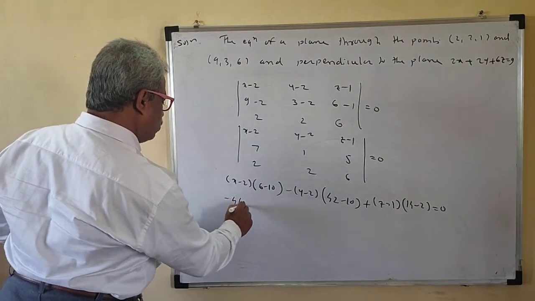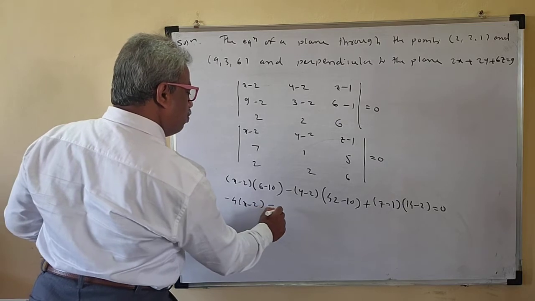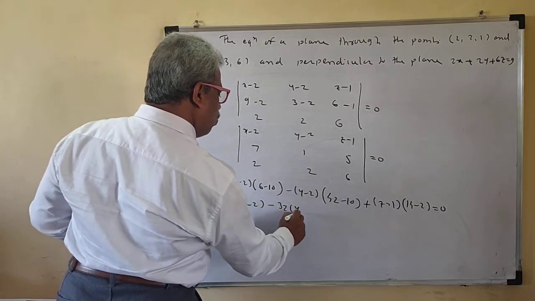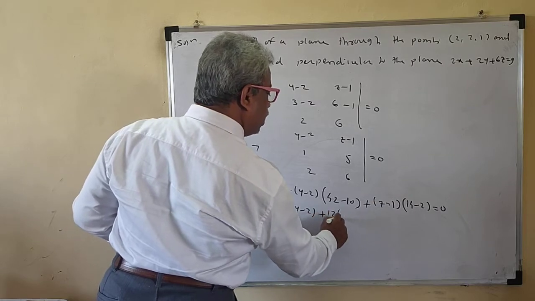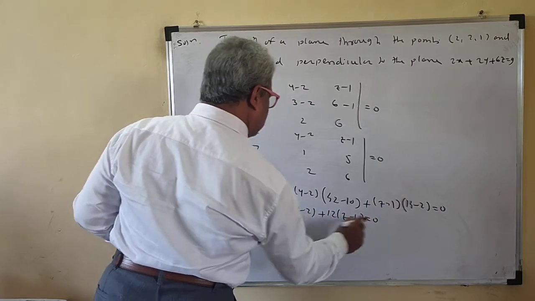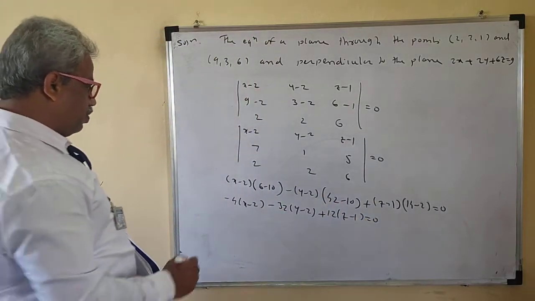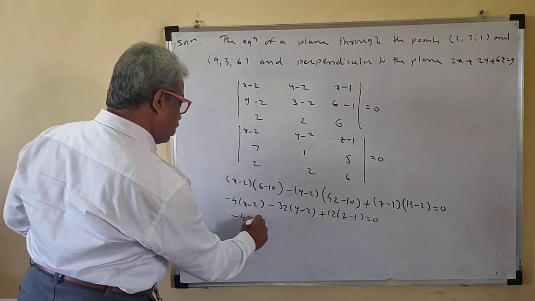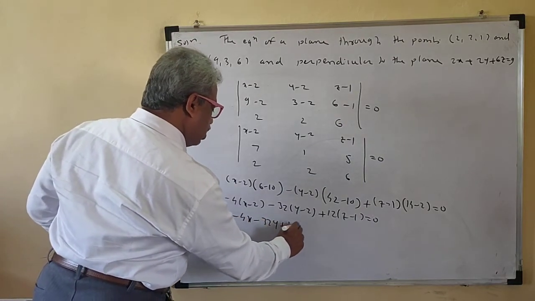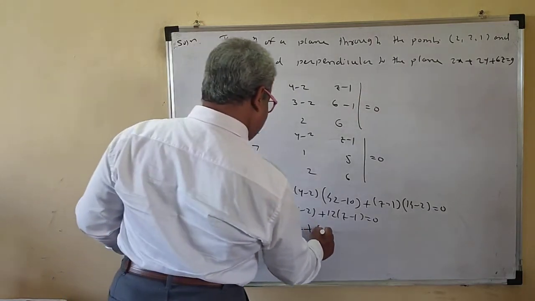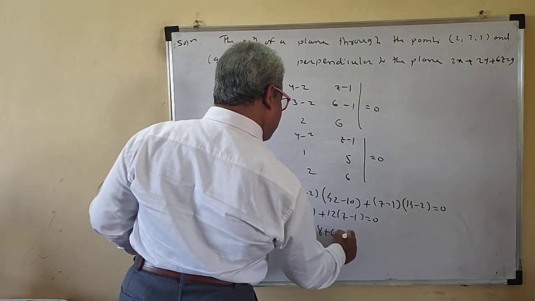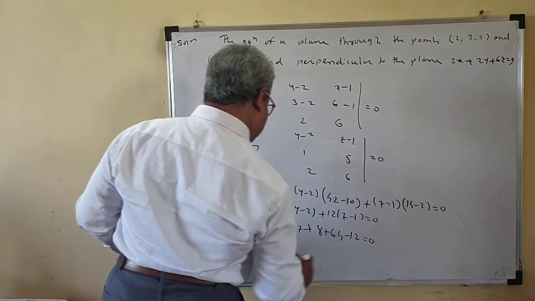So this is minus 4 x minus 2 minus 32 y minus 2, plus 12 z minus 1 is equal to 0. Okay, we are correct now, no problem for this one. So this is minus 4x minus 32y plus 12z plus 8 plus 64 minus 12 is equal to 0.